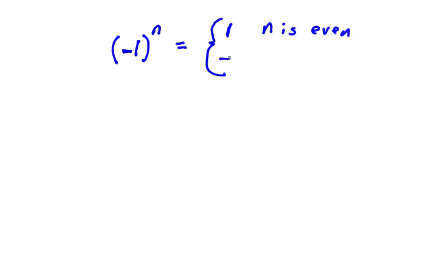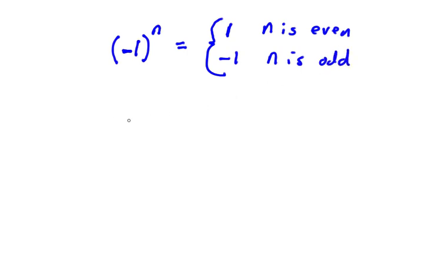Now let's look at something that's kind of important. We'll talk about a negative number. If we have a negative number, like let's say minus 1, for example, and I put it to the power of n, this will become positive 1 if n is even, and it will become negative 1 if n is an odd number.